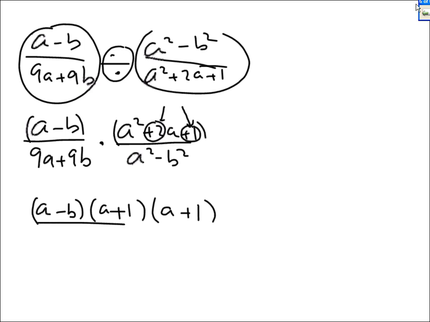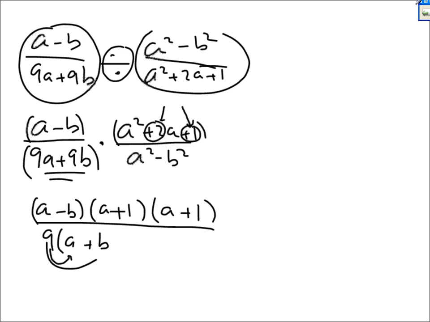In the bottom, you can factor out a 9 from here. 9 times a plus 9 times b. Exactly what it said. And this is a squared minus b squared. So you put a and b in one bracket and a and b in the second bracket.